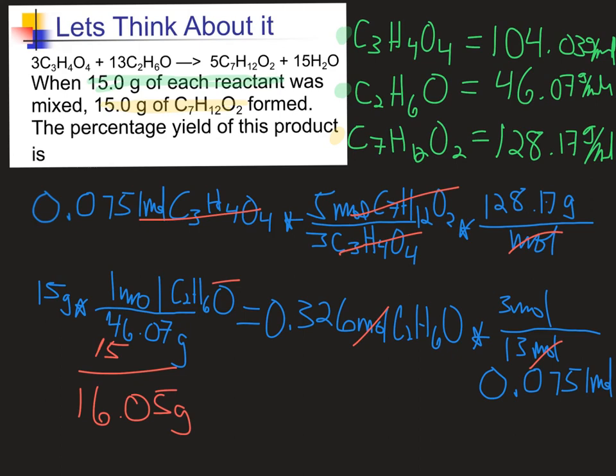So if I have my 15 divided by that value of 16.05, we're going to see that I end up getting about 0.935, and then if I multiply that by 100, that gives me my 93.5% yield of my product with that.